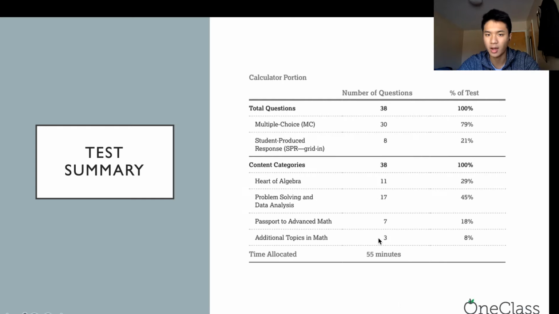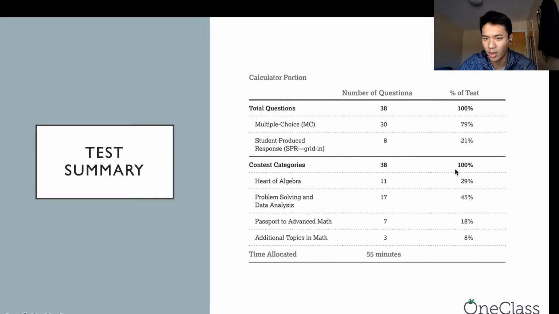If you wanted to break this down in terms of content categories, Heart of Algebra will take up roughly 11 questions, so 30% of the test. Problem Solving and Data Analysis is 45%. Passport to Advanced Math is 18%. And Additional Topics in Math is 8%, for a total of the 55 minutes here.